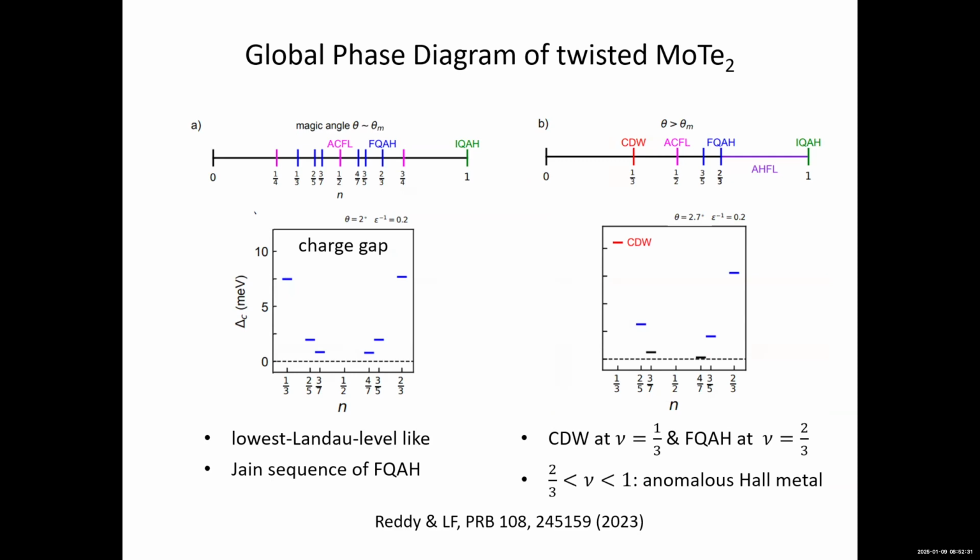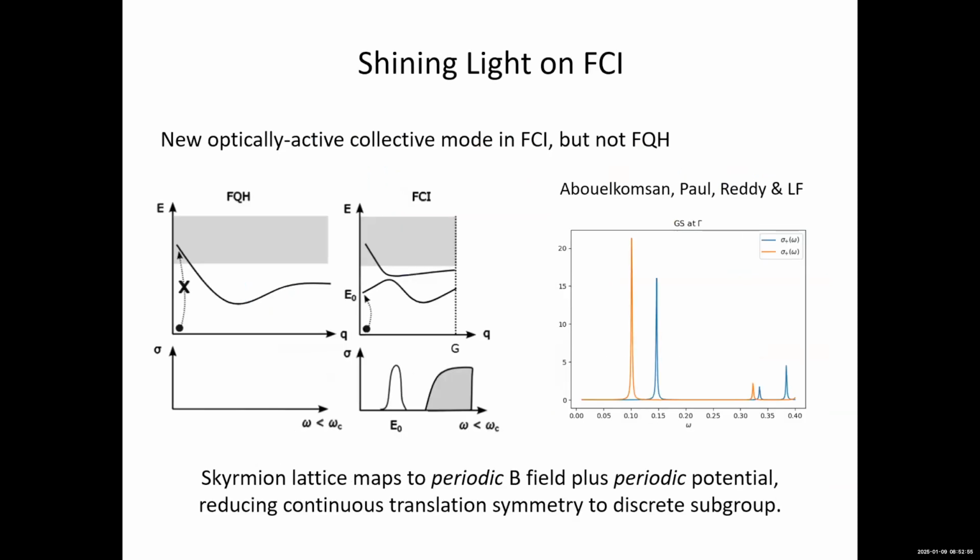On the other hand, at higher twist angles, where most of the experimental studies so far have been, the behavior is different. While the 2/3 state is a strong FCI, at 1/3 we get a charge density wave. And moreover, between filling factor 2/3 and 1, we found that our ground state is actually a Fermi liquid because of band dispersion. So in other words, there are strong competing states present.